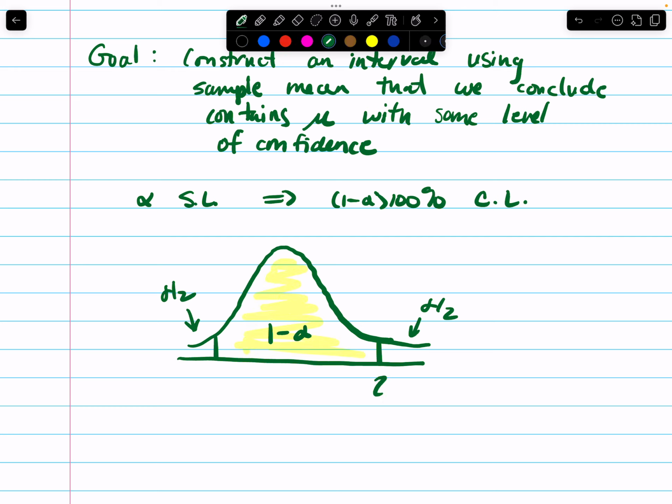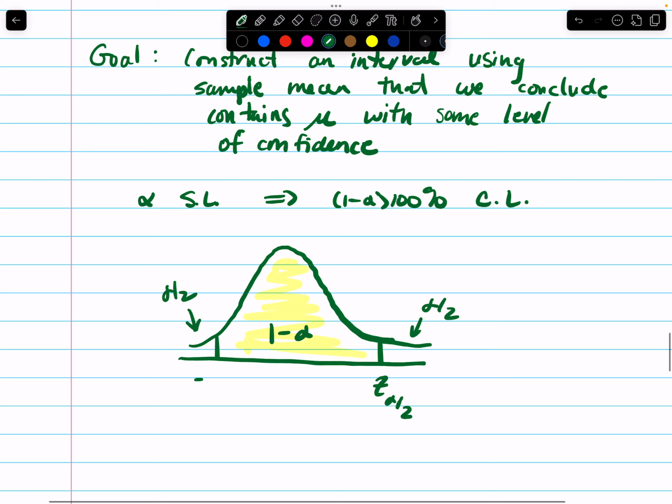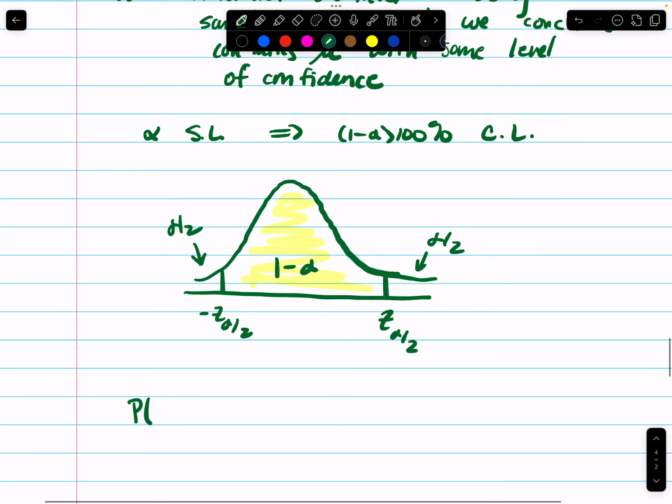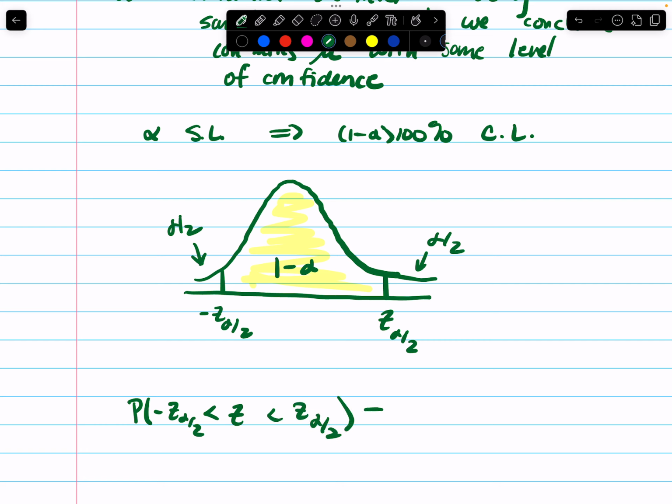All right, so then this is z sub alpha over 2, and this is negative z sub alpha over 2. So what this picture illustrates, the yellow portion, the probability of being in that yellow portion is saying that you get a z value that's between negative z alpha over 2 and z alpha over 2, that probability is equivalent to 1 minus alpha. That's what this picture illustrates.